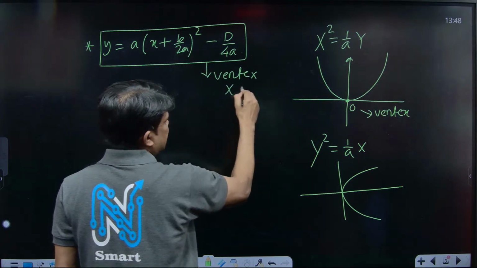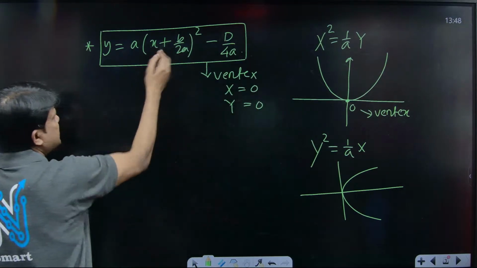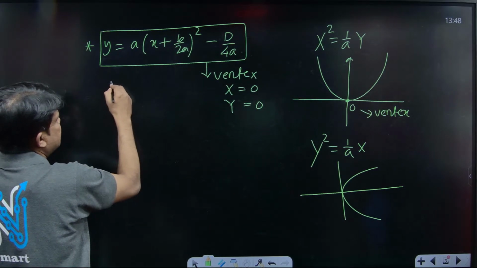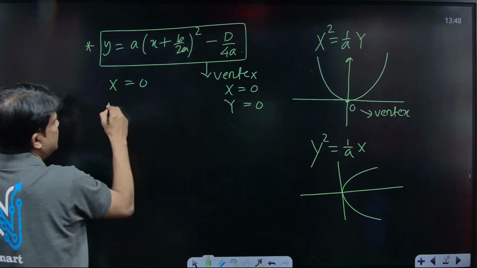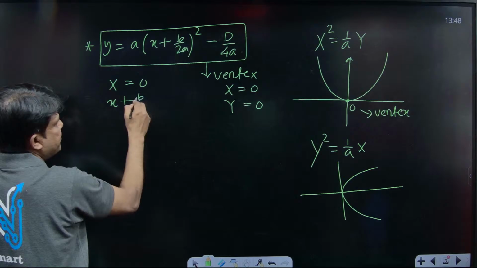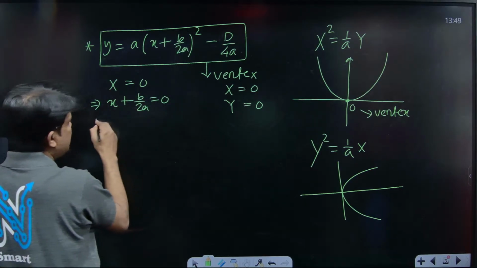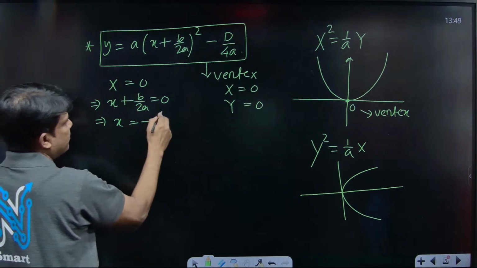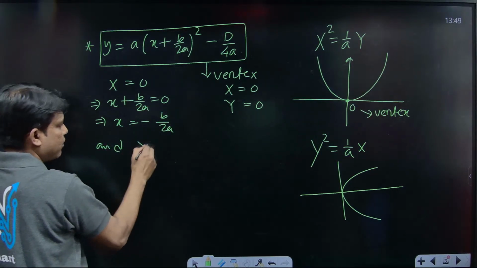Capital X equal to 0 and capital Y equal to 0. So capital X means x plus b by 2a equals 0. That means x equals minus b by 2a, and capital Y equals 0.